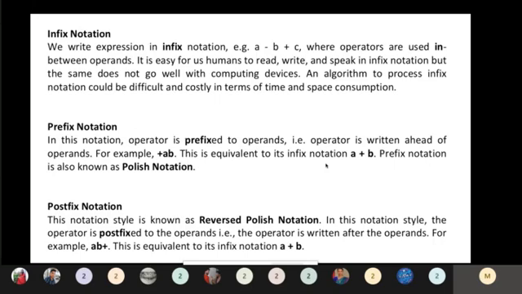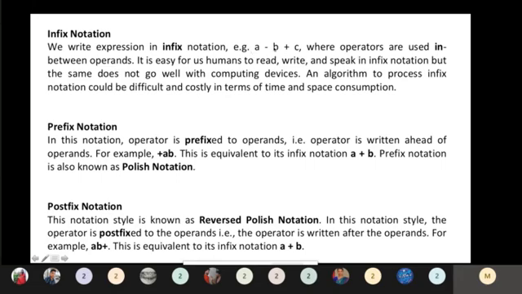In infix, as we discussed, we have operators and operands. The format is that the operator is placed in between the operands. See here, we have A minus B plus C. The operators are used in between the operands.